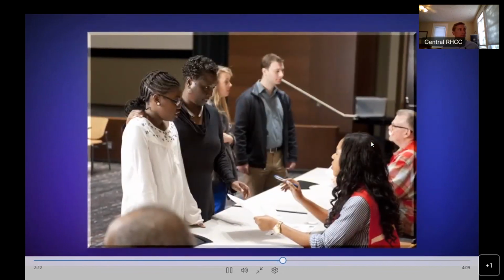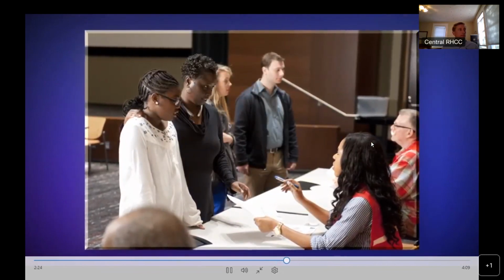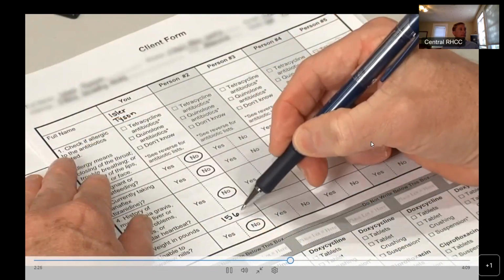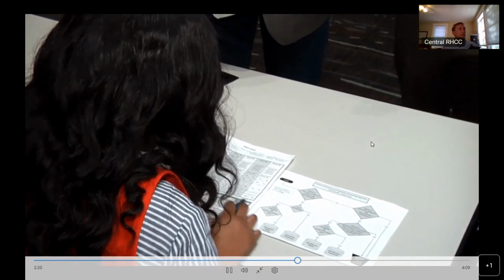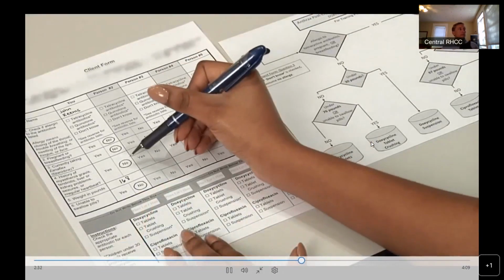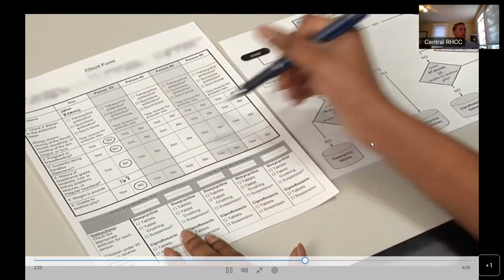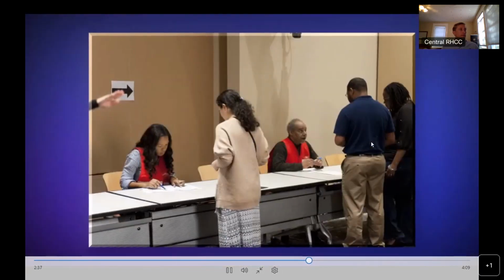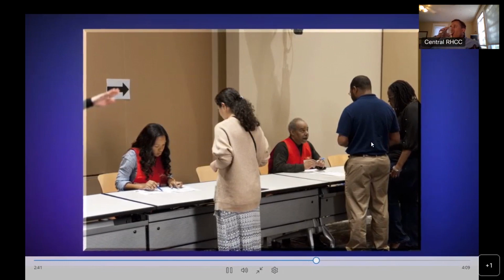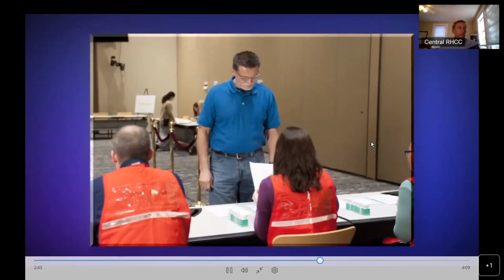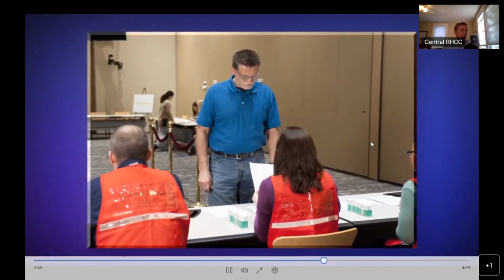As a screener, you're responsible for reviewing the information filled out on the form. You should then use your state's screening algorithm to determine the MCM that should be dispensed and mark the screening form accordingly. If you're able to determine the MCM and no further clarification is needed, send the client with his or her form to the dispensing station.